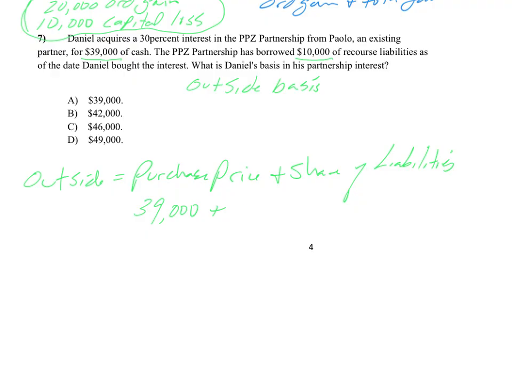He's buying a 30% interest in $10,000 of liabilities. So then his outside basis is $42,000. All right? And so that's answer B.